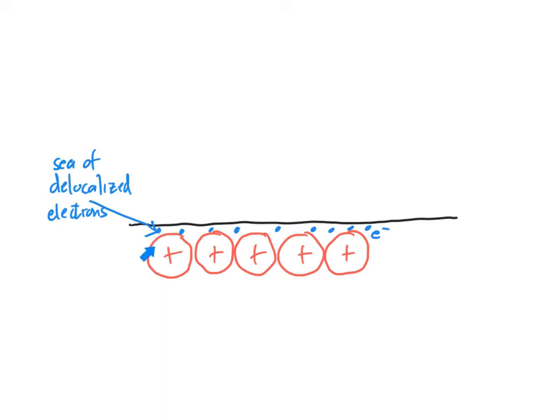They just have fewer electrons than they have protons, therefore they have a net positive charge. Now, the metallic bond comes about because of the attraction between the sea of negative electrons and the positive lattice. So that is the metallic bond.